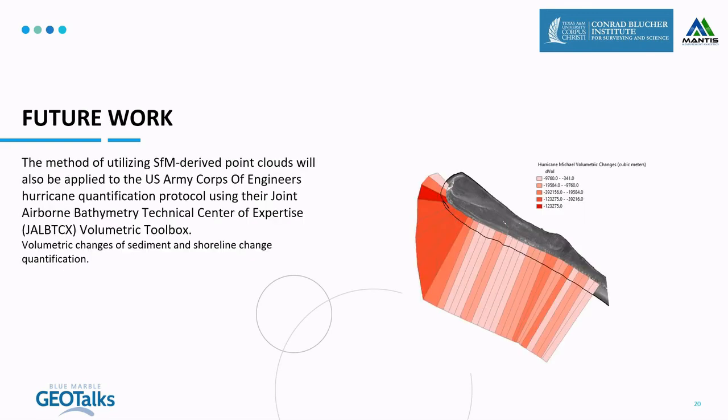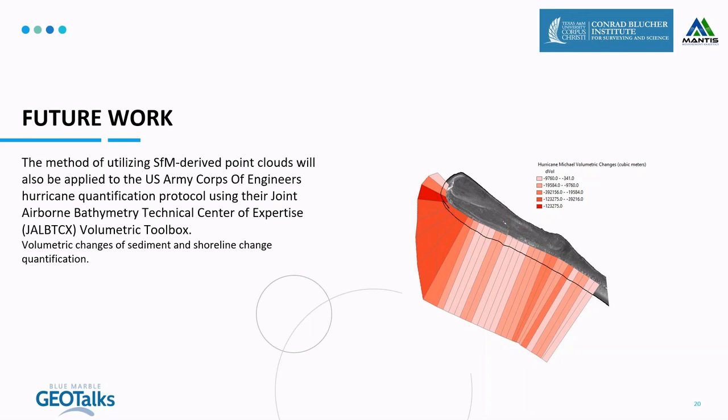As well as future work, so we're trying to incorporate using this drone data into more standard protocols as well. So we'll be trying to use this structure for motion derived point cloud and elevation model into what they call the JALBTCX volumetric toolbox. This stands for the Joint Airborne Lidar Bathymetry Technical Center of Expertise, which is a GIS toolbox to quantify the volumetric change within transects, which is their typical protocol for, say, FEMA.